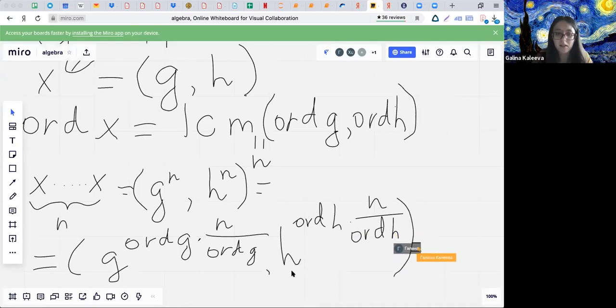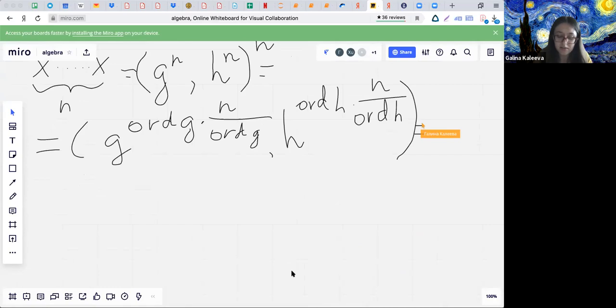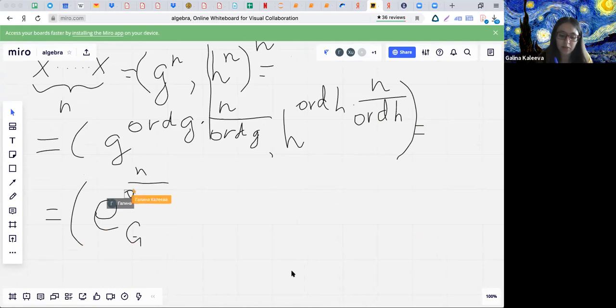Here we have, in the first place, G to the order of G. This is the neutral element of our group G to some power, which is also a neutral element. And here we have H to the order of H, the neutral element of the group H to some power.